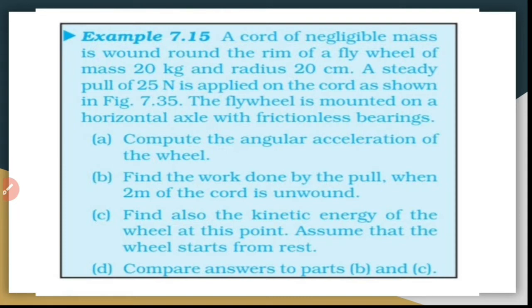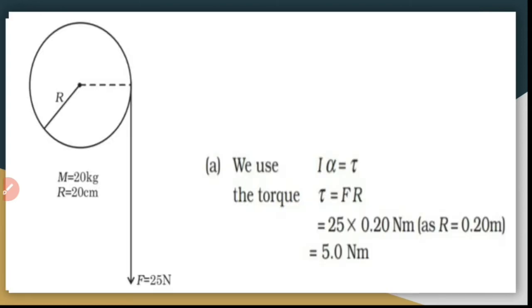The angle between F and R is 90 degrees, so R cross F becomes RF. So torque becomes RF. Here F is 25 Newton and R is 20 centimeter, 0.2 meter. So torque is 25 into 0.2, that is 5 Newton meter.